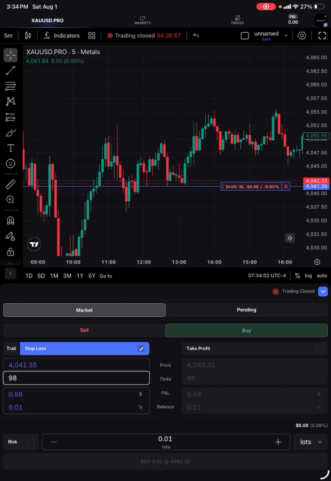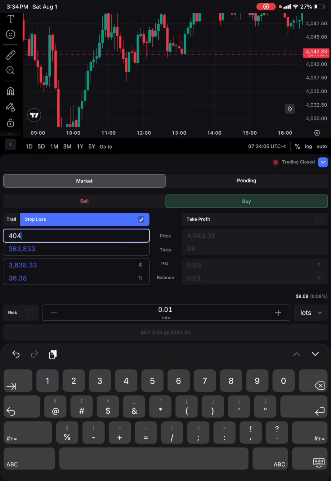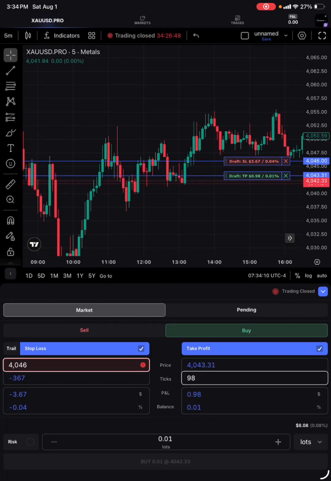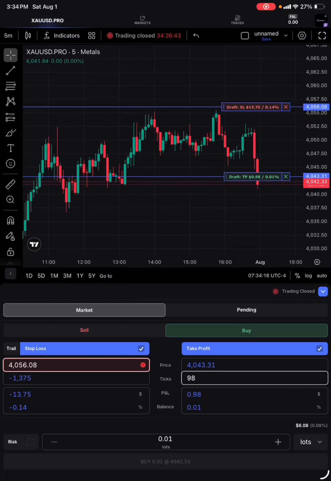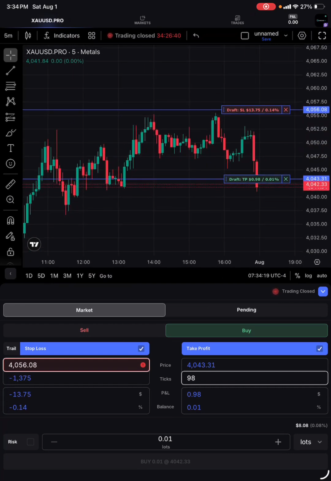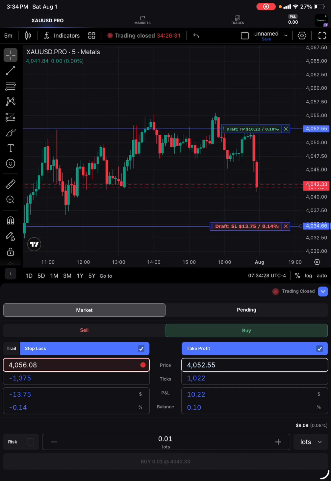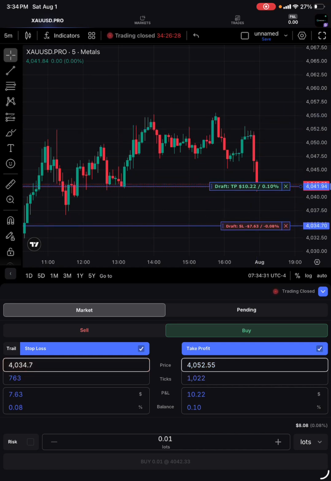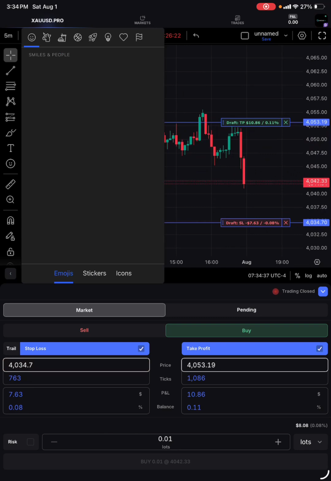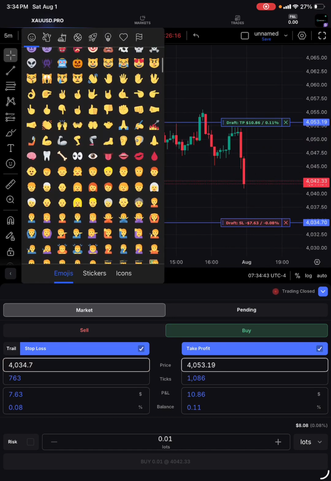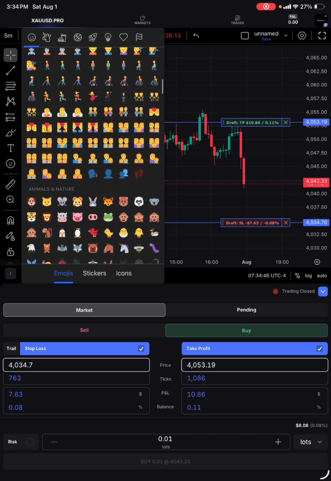Now you can come here and type in your stop loss, for example. If the stop loss was 40.46, and let's say your take profit was 40.50. Because of where price is, we'll have to use a different example, but let's say this is where you're looking for your entry, your stop loss is 40.34, and your take profit is here.